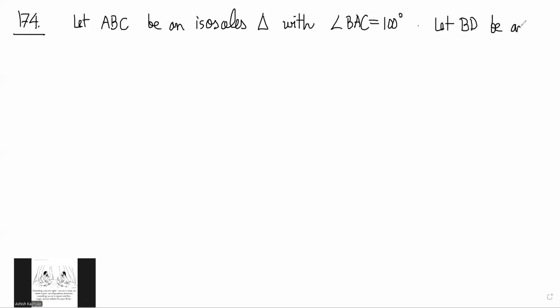Okay. Let ABC be an isosceles triangle with angle BAC equal to 100. Let BD be the angle bisector of angle ABC, with D belonging to AC.